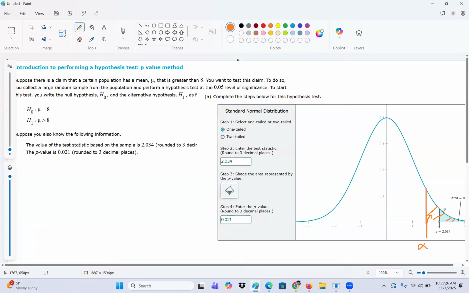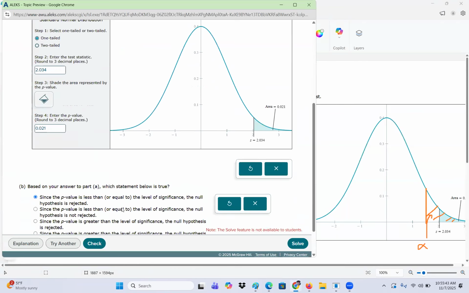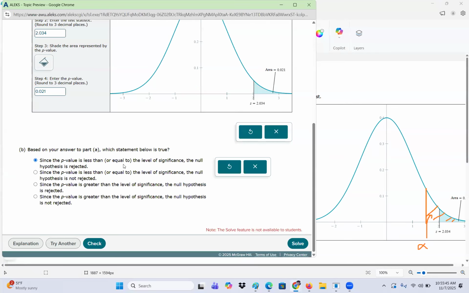So the alpha is 5%, and that one is outside of the confidence level. So meaning that we're going to reject the null hypothesis, and then we're going to accept the claim. So seeing the p-value less than the alpha, the null hypothesis is rejected.